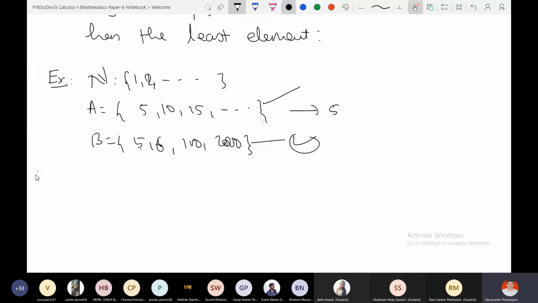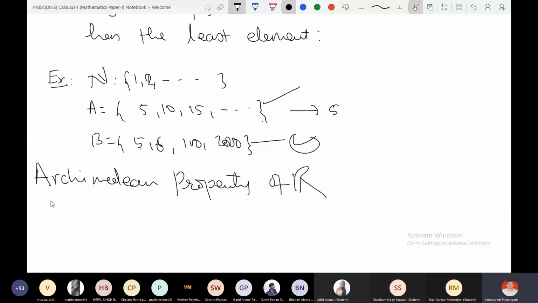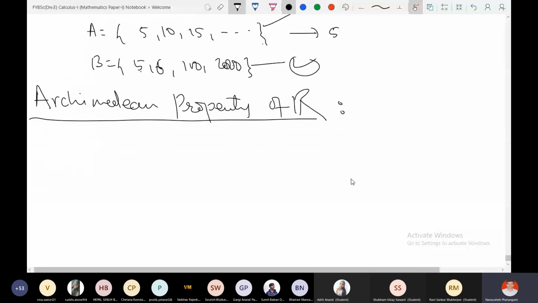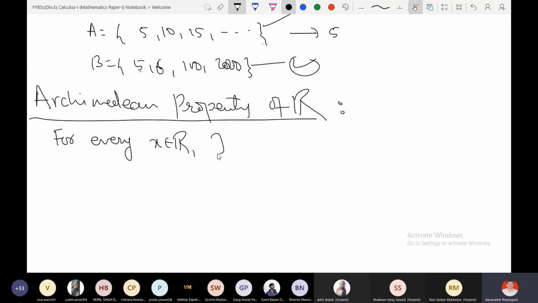So one important property is the Archimedean property of real numbers. What it says is: for x belongs to R, there exists n suffix x depending on x.